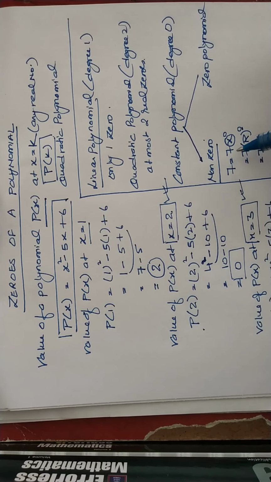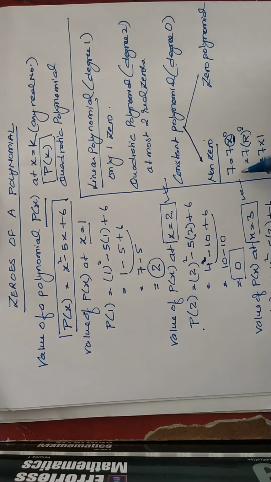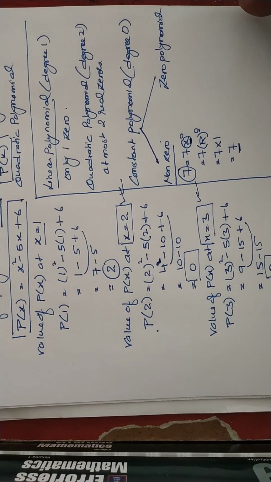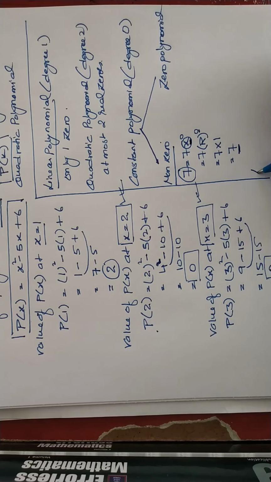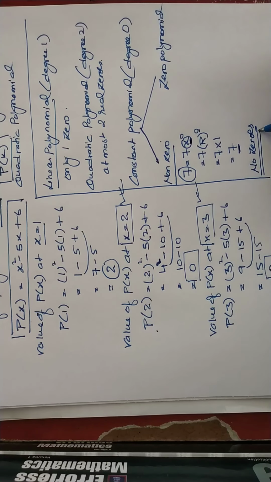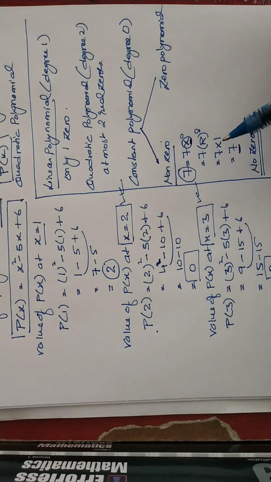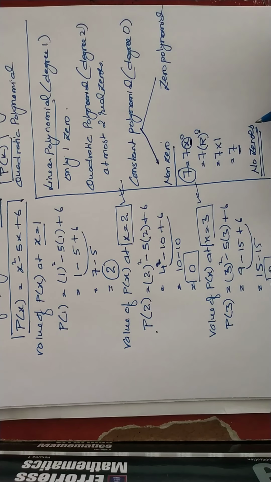So there is no real number for x for which that non-zero constant polynomial reduces to 0. It always comes out to be 7. So it will never be 0 for any real number x. So a non-zero constant polynomial has no zeros. Remember, non-zero constant polynomial means any real number, integer, whole number excluding 0, any rational number, any irrational number excluding 0, and it will have no zeros.